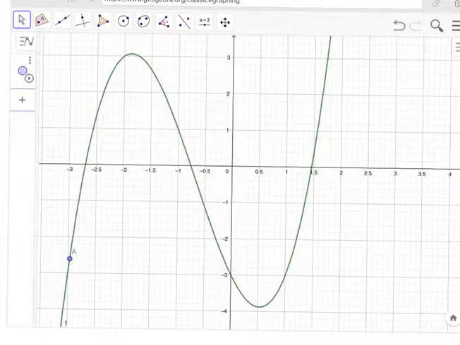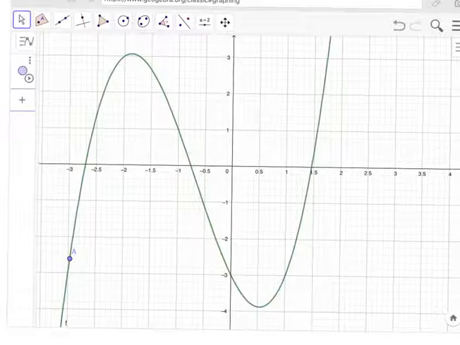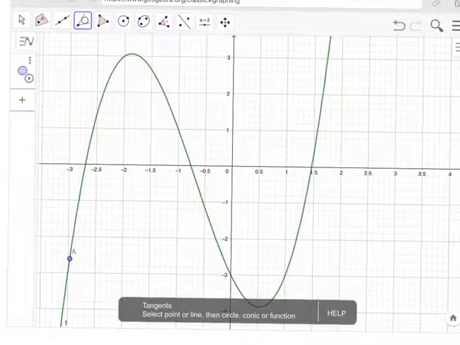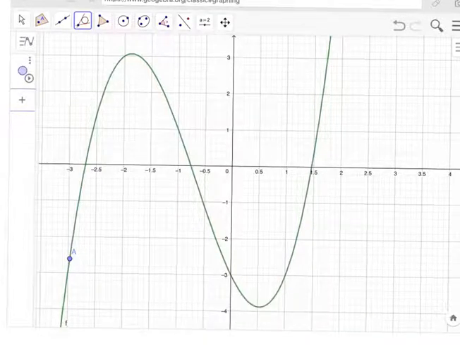We have seen the shape of the cubic graph. We have discussed finding the x-intercepts of a cubic graph. Now about the turning points. This is one of the cubic graphs, and we have to find the turning points. That's what we're going to do.